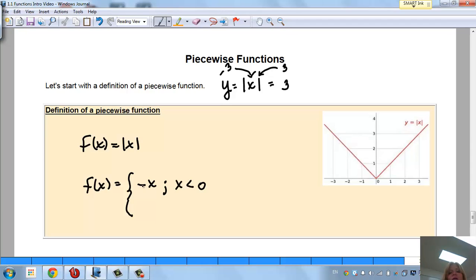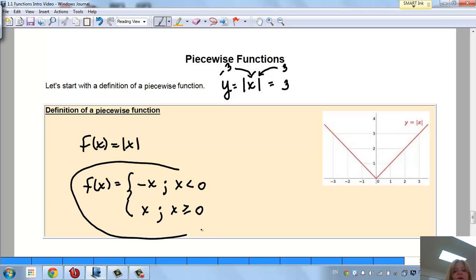Any negative numbers, you're really negating them to make them positive. The other piece is just plain old x when x is greater than or equal to 0. If I put in any number 0 or bigger, it's just the same number again. You're absolutely right. This is the basic definition of a piecewise function, because the absolute value you can describe in this manner.